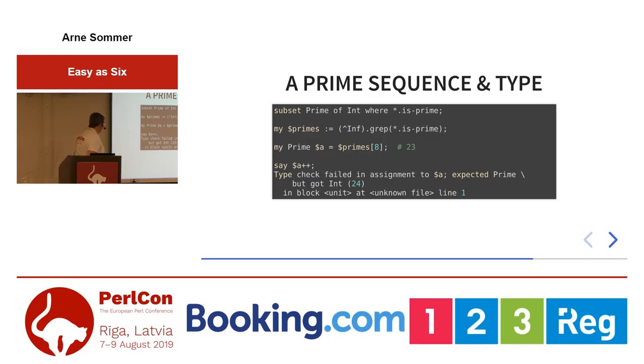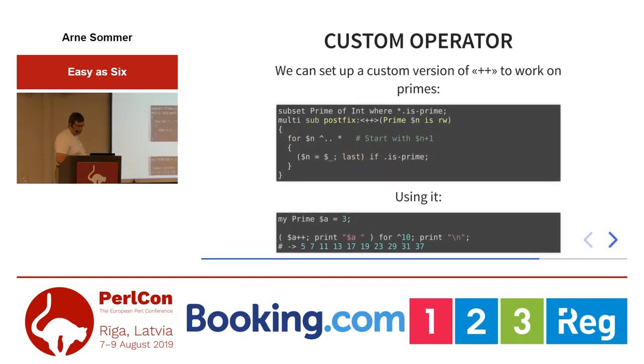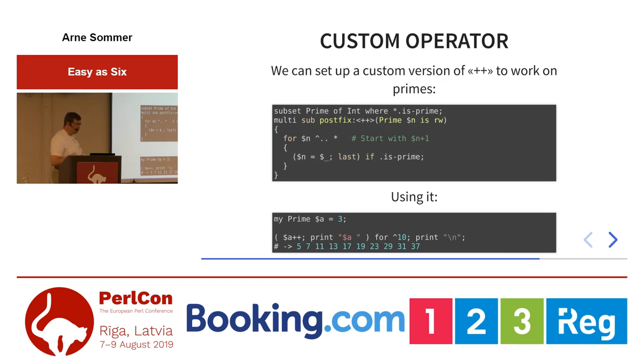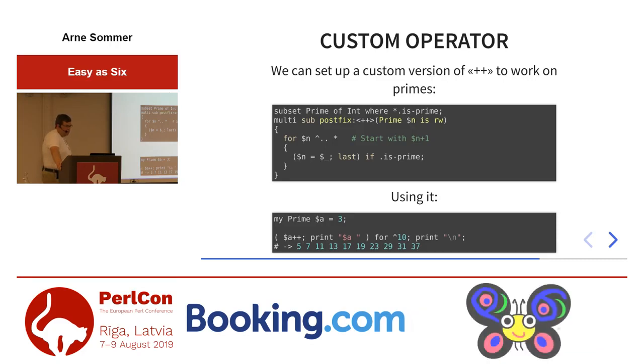And if you then try to add 1 to it, it fails, of course, because 24 is not a prime. But we can fix the ++ operator. We can declare our own version of the postfix ++, where the argument is a prime number.